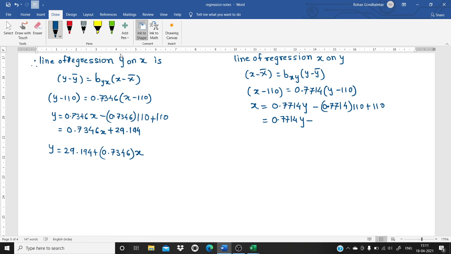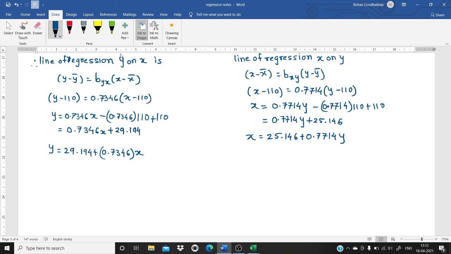So my final answer is 25.146. So plus 25.146. Therefore, my equation of line of regression x on y, x is equal to a plus by. So a is 25.146 plus by. The b is 0.7714 y.